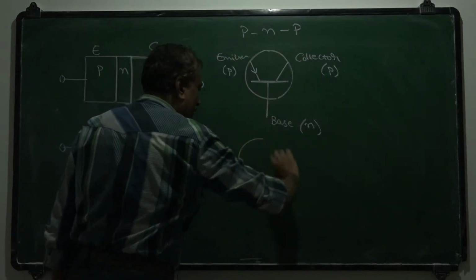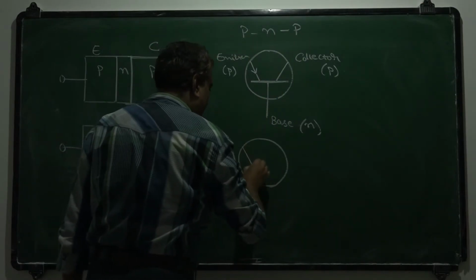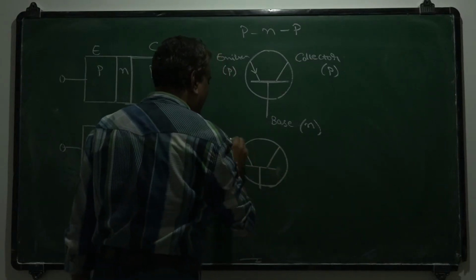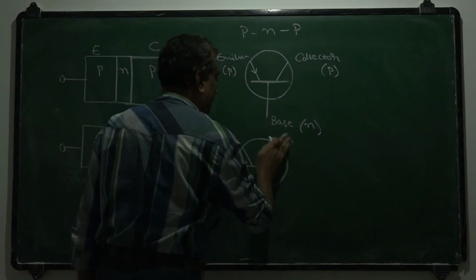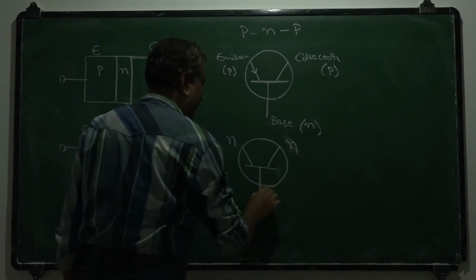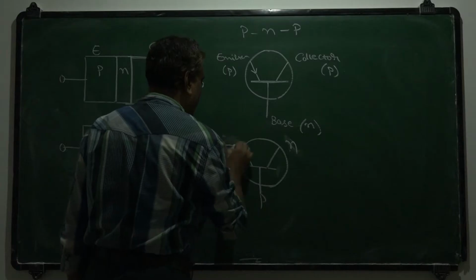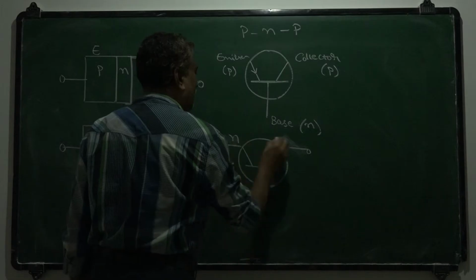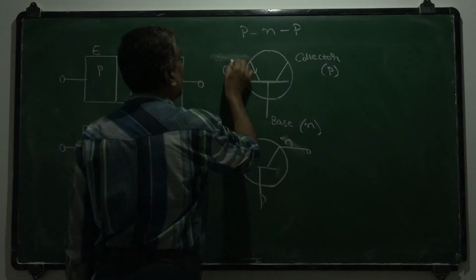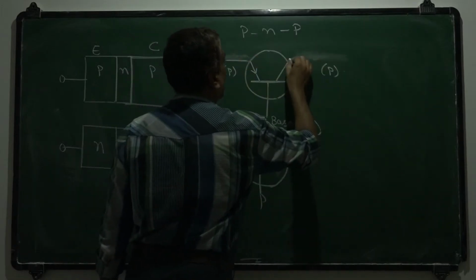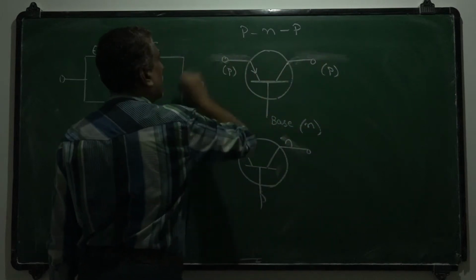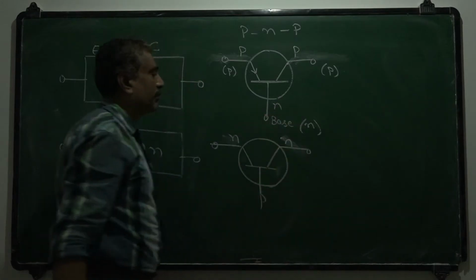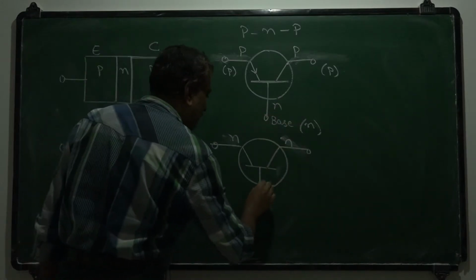Now if this is N, this is P, sorry, this is also N, this is P. Like this, N, P, N. So in this one, base is P.